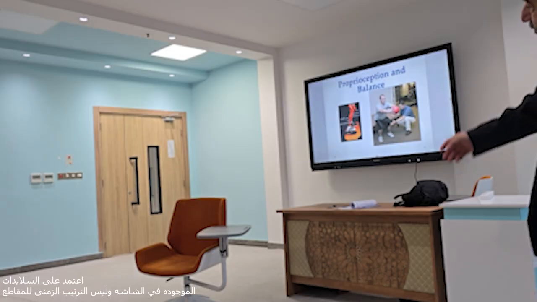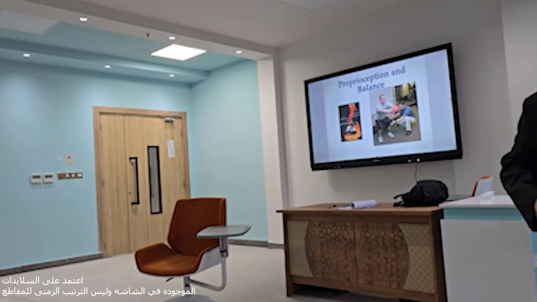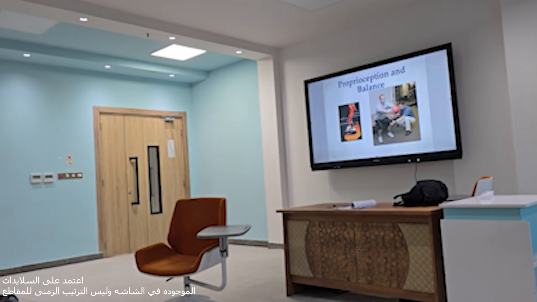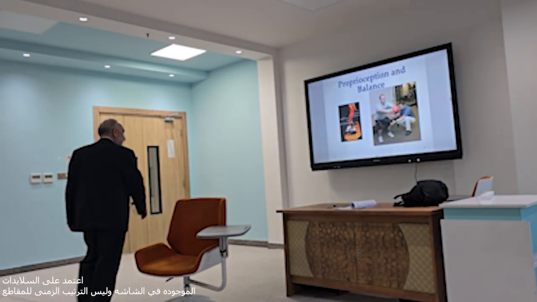So this exercise is an example of balance exercise. With the medicine ball, and this is very, very difficult. It's semi squat and then do any sports with medicine ball.